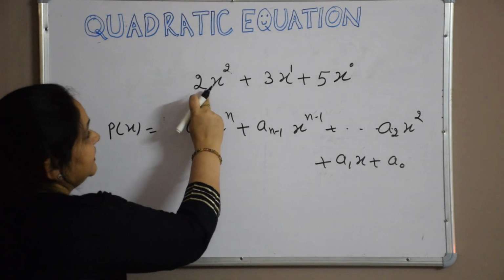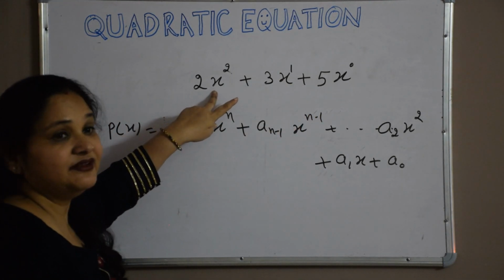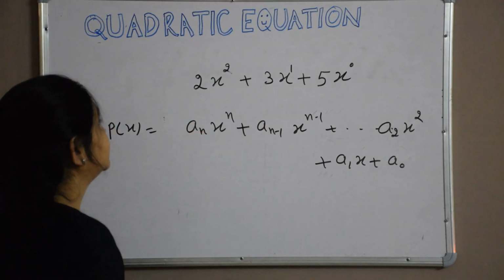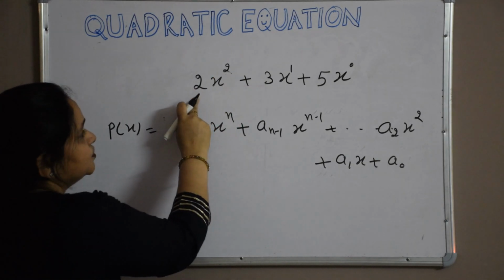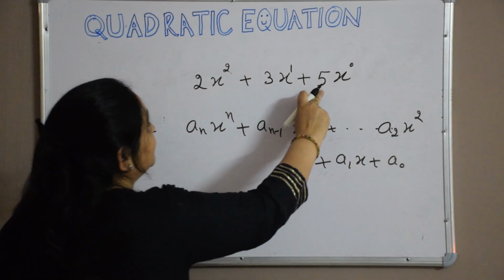I told you earlier that 2, 3, 5 are constants, and the constants which are multiplied with these variables are called coefficients. So if someone asks for the coefficient of x^2, it is 2. The coefficient of x is 3, and this is called the constant term.